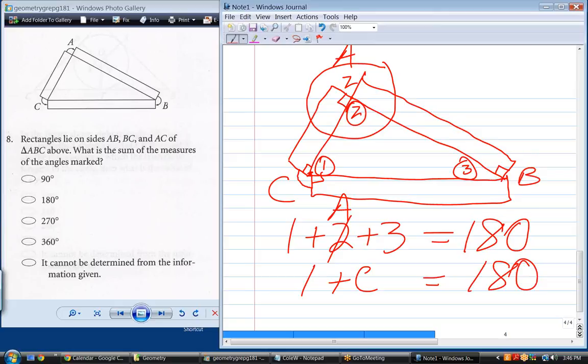Same thing with B. It's clearly not equal to 3. 3 is acute, B is obtuse. But once again, the sum of these angles is equal to 360, and we know we have a right angle there and a right angle there. So B plus 3 must be equal to 180.